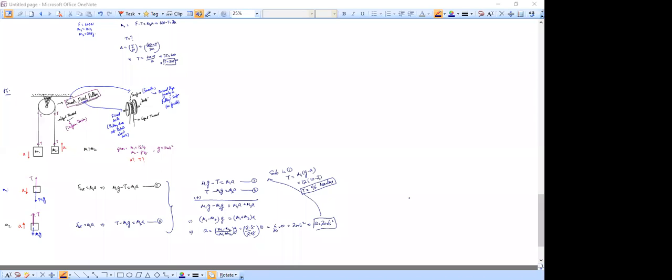Okay, now move on to question number 6. In question 6, the concept you should apply is impulse is equal to change in momentum. You'll get it quite easily by applying this.